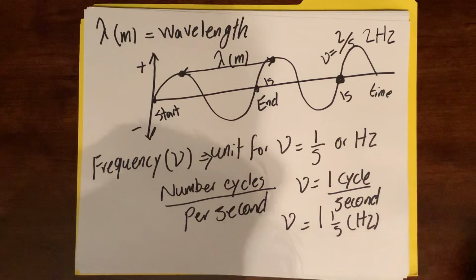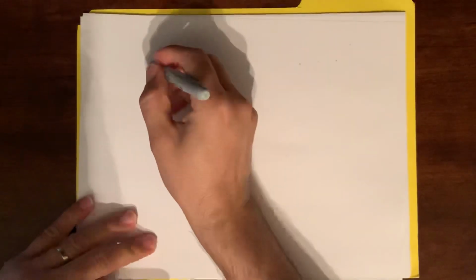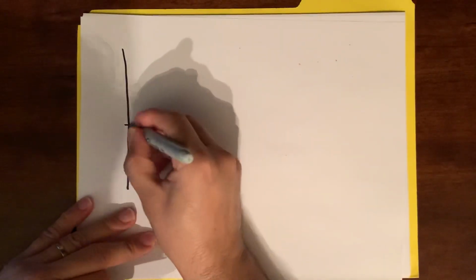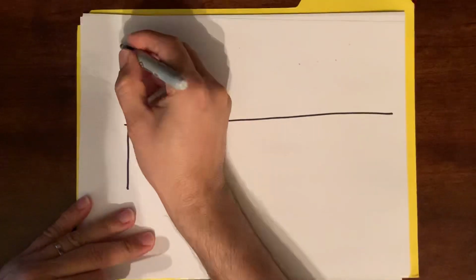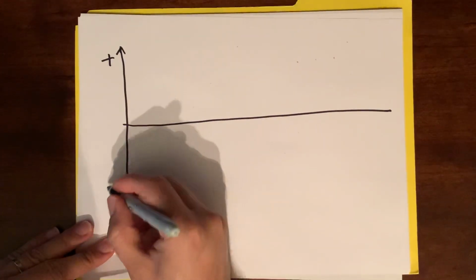And next one was the amplitude. So again, we have positive, negative.